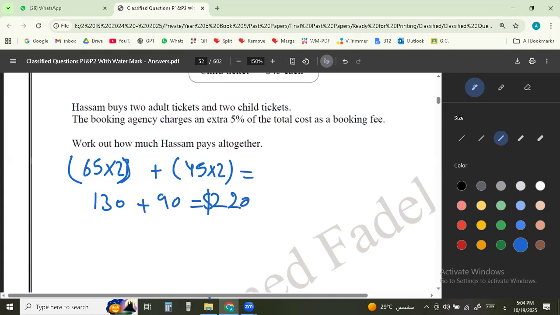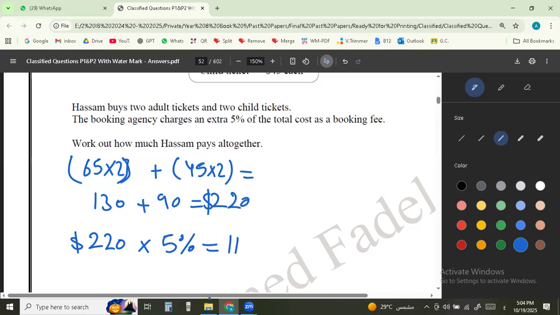5% extra, which means what? I want 5% of $220. You can say, what is 10% of this? I know that 10% is 22, dividing by 10. So half of 22 is 11.